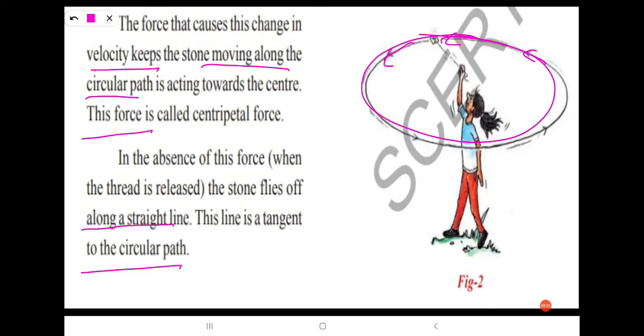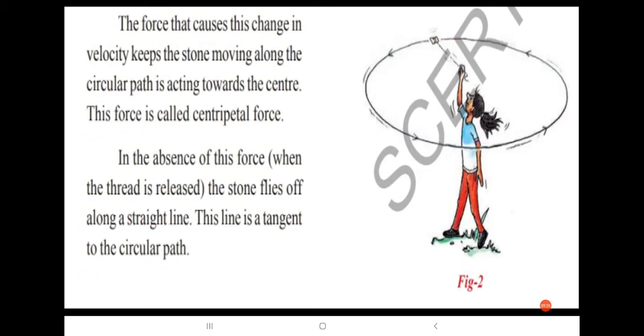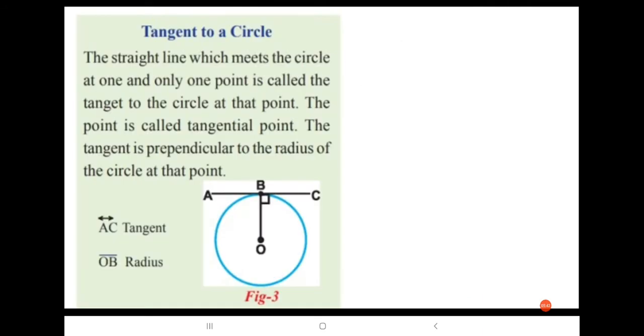Here, the straight line from A to C, which meets the circle at one and only one point, is called the tangent to the circle at that point.